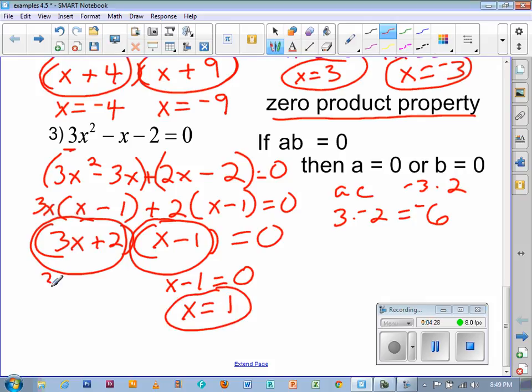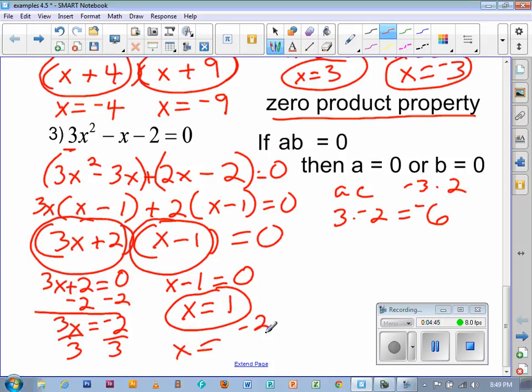This one's a little more challenging, so you may want to use the option of setting it equal to 0 and solving it like an equation. So we subtract 2, so we get 3x equals negative 2, divide by 3, so x equals negative 2/3, or negative 0.6 repeating. That would be your second 0 of this quadratic equation.